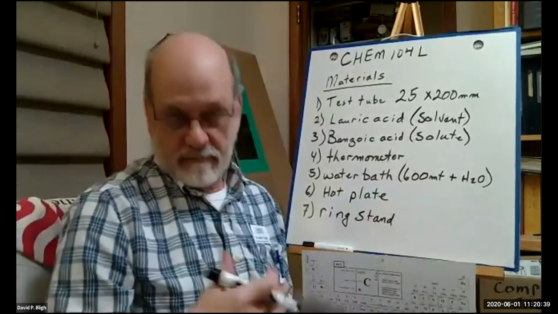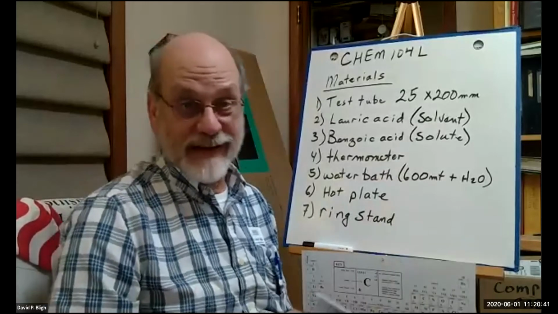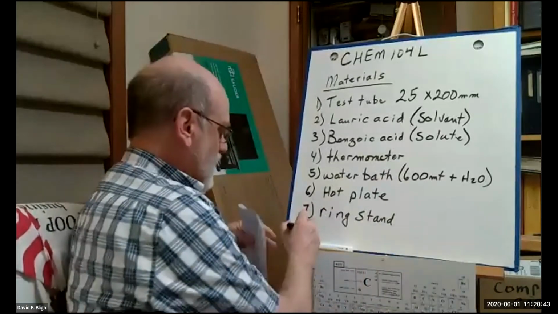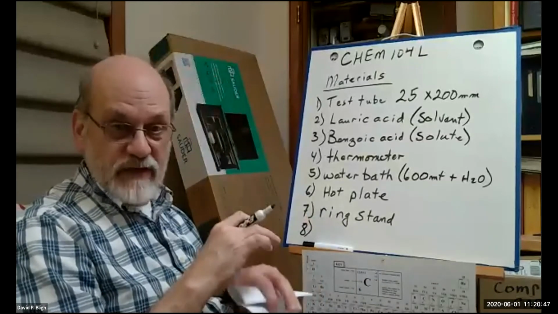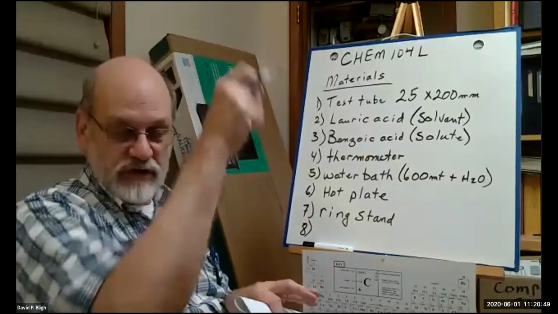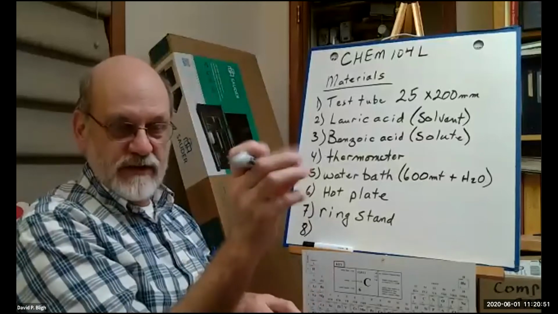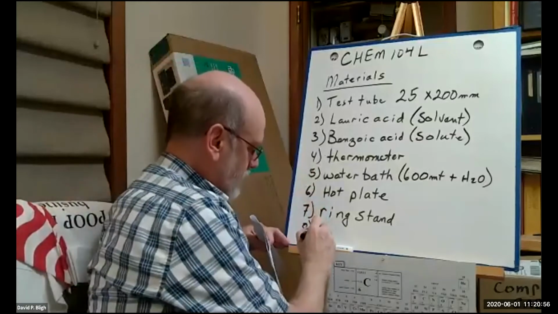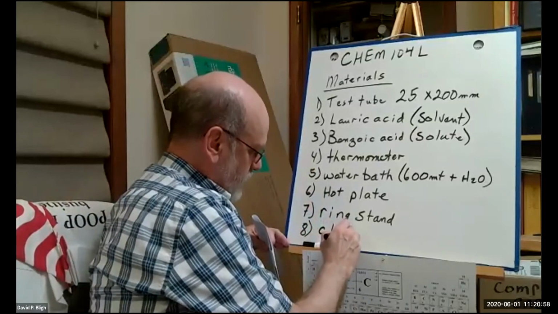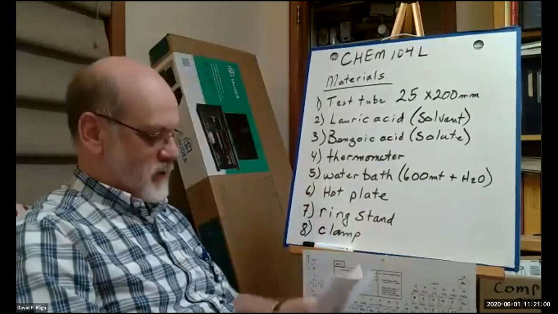Since you've had first semester chemistry, you know what a ring stand is. And then to that ring stand, we attach a clamp that's adjustable up and down, plus it has adjustable jaws on it to hold the tube. Right? So we have a clamp. Okay?